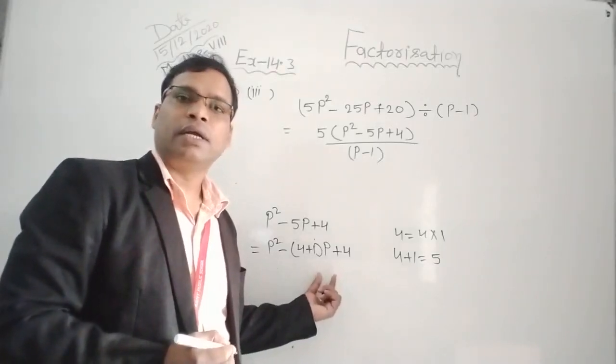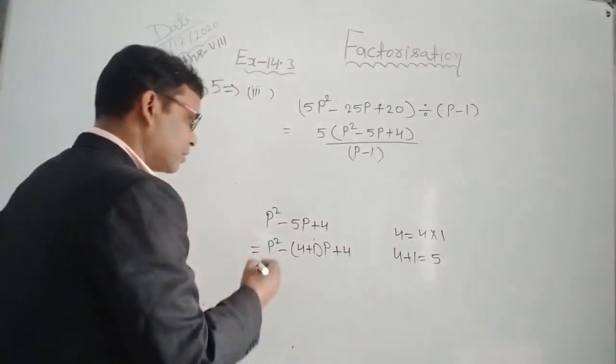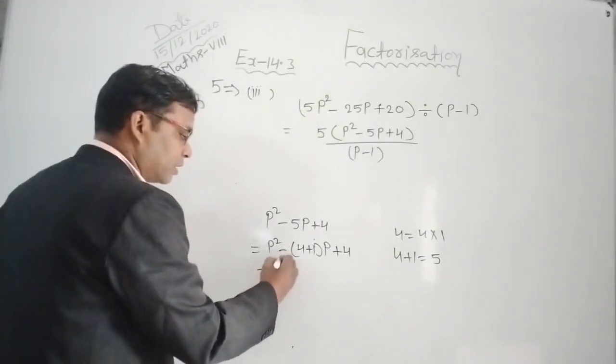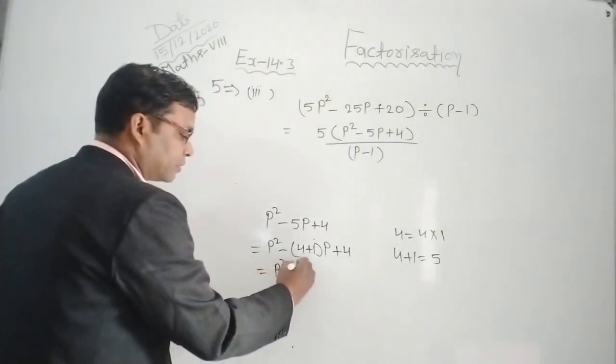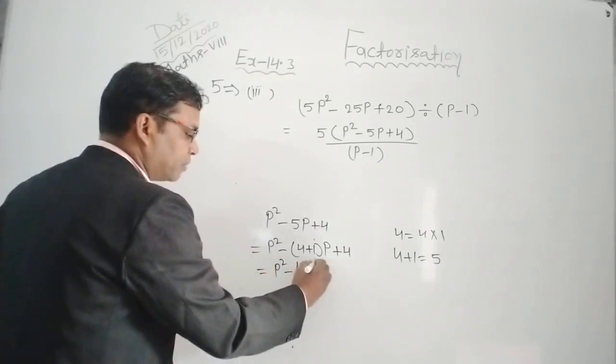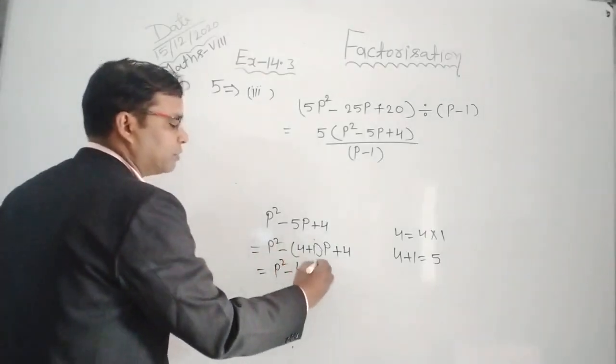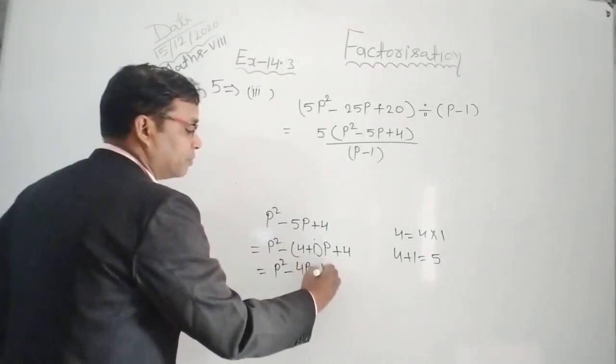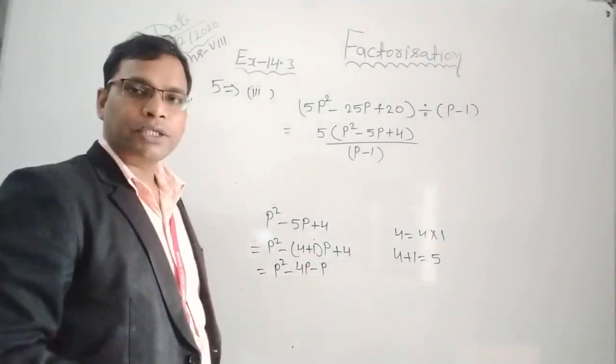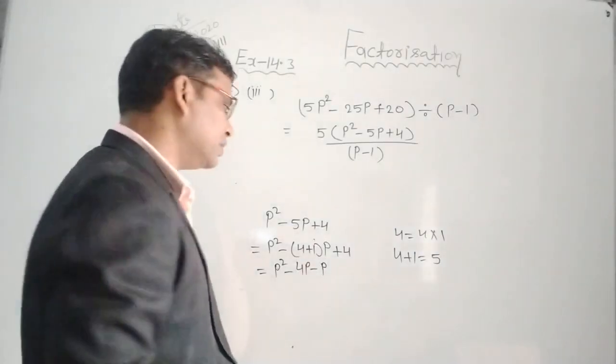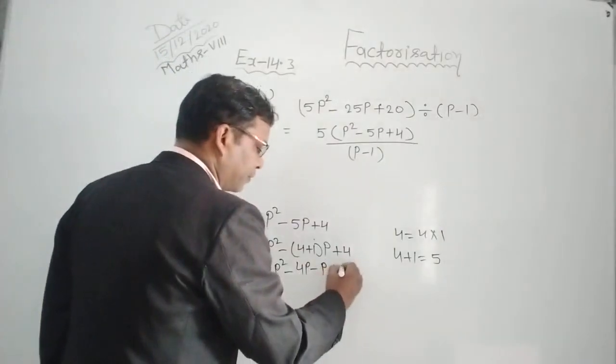This is clear now. So this becomes p square minus 4p, and minus into plus, this becomes minus p. 1p means minus p. Plus 4.